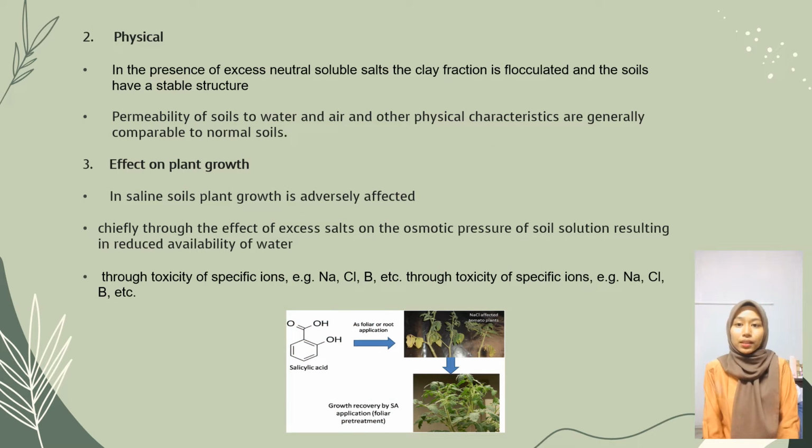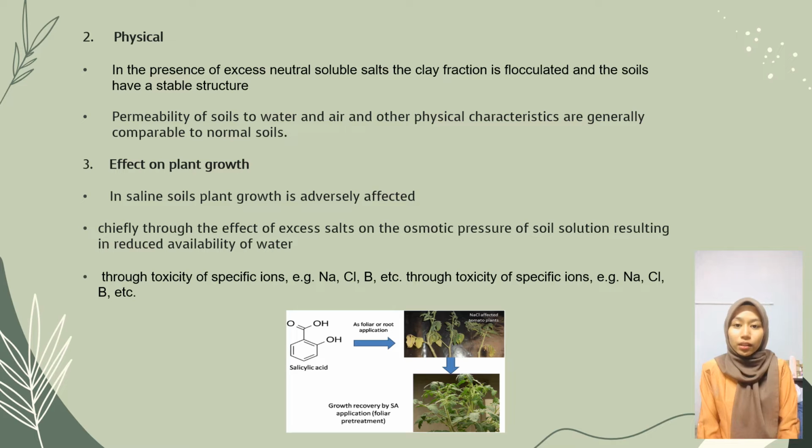Second, physical. In the presence of excess neutral soluble salts, the clay fraction is flocculated and the soil has a stable structure. Permeability of soil to water and air and other physical characteristics are generally comparable to normal soil. Third, effect on plant growth.